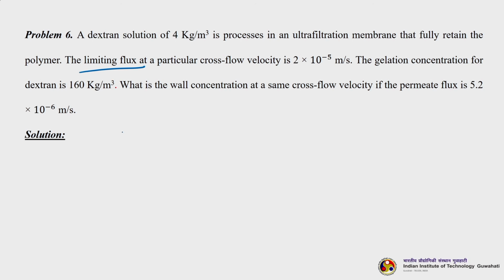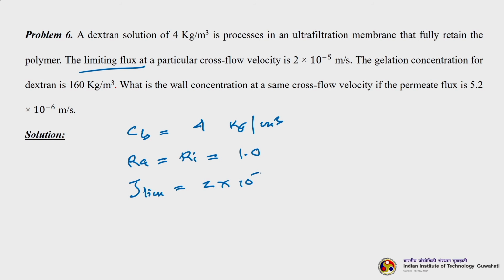So, let us note down what has been given. Cb equals 4 kg per meter cube, Ra equals Ri equals 1, and J limiting. Okay. In our ultrafiltration lecture we have discussed what limiting flux is, if you can recall. Then Cg equals 160 kg per meter cube. And you can use the J limiting equation.